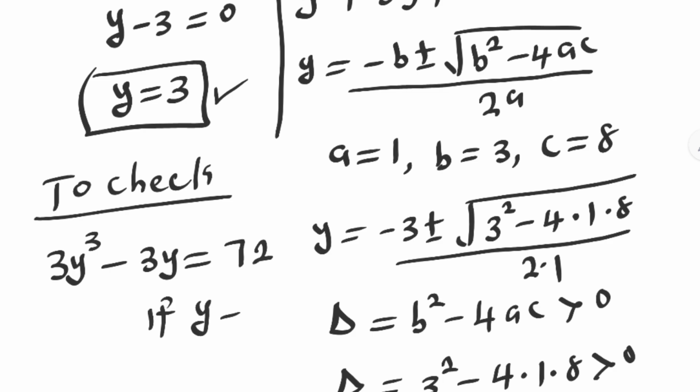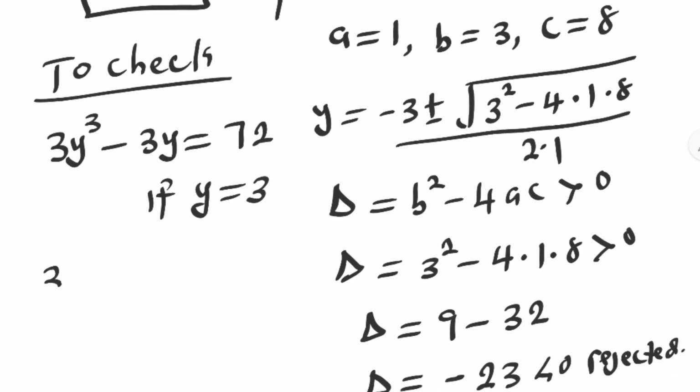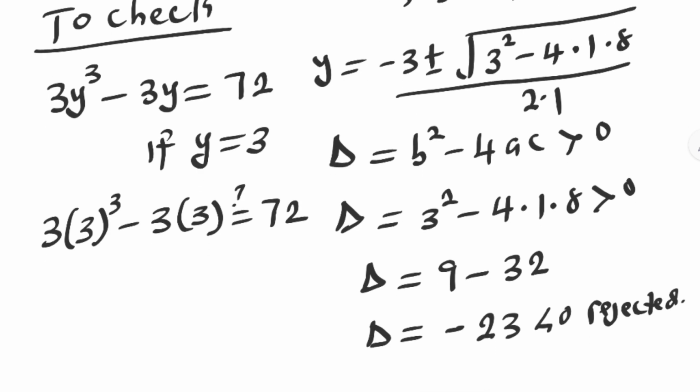If y is equal to 3, so this is 3 bracket 3 raised to power 3 minus 3 bracket 3 must be equal to 72.